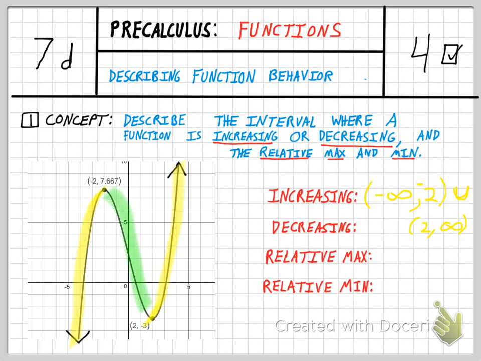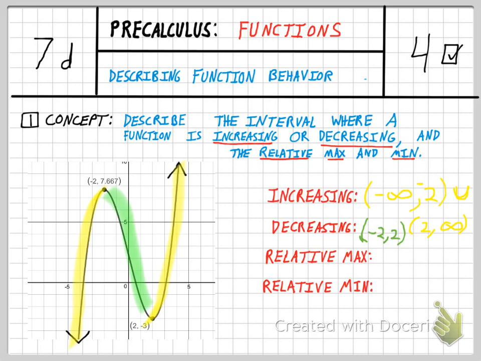And so my decreasing interval, let me do that in green, would be, again, reading the graph from left to right, giving the x values, it's going to be decreasing from negative 2 to positive 2. Okay? People often want to bring in the y values when answering these questions. You don't do that. You simply are describing an interval for which the graph is decreasing. So once again, increasing means positive slope, decreasing means negative slope.